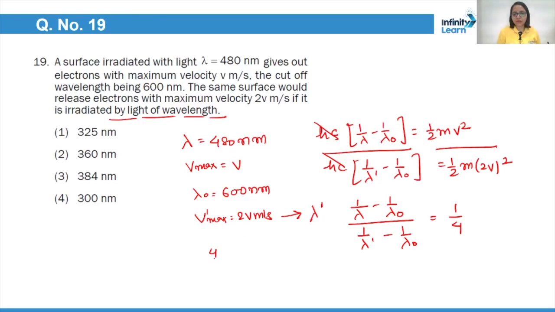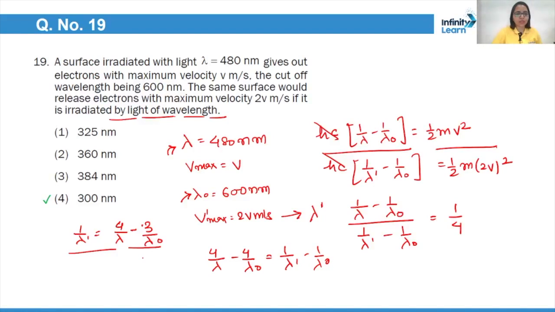So you have 4 upon lambda minus 4 upon lambda naught is equal to 1 by lambda dash minus 1 by lambda naught. So 1 by lambda dash will be 4 upon lambda minus 3 upon lambda naught. Right, so if you put the value of lambda as 480 nanometer and lambda naught as 600 nanometer, after solving this equation you'll get the value of lambda dash as 300 nanometer, which is option 4.